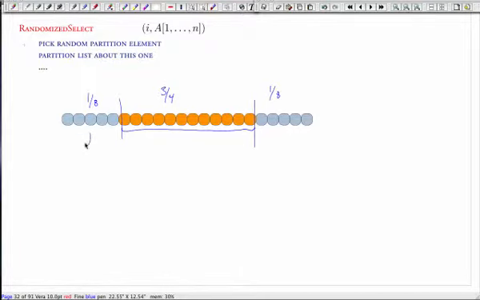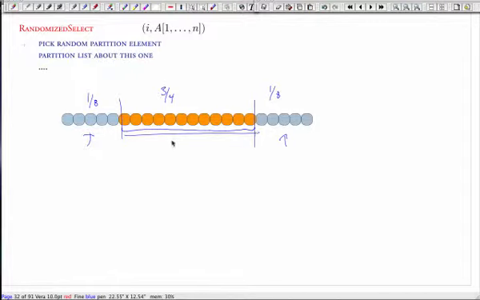If you pick something over here, let's call it a loss. You lost that round. But if you pick something in the orange zone, let's call it a win, because you've reduced the problem by at least 1/4 when you pick something in that range, right? So that's essentially the trick.